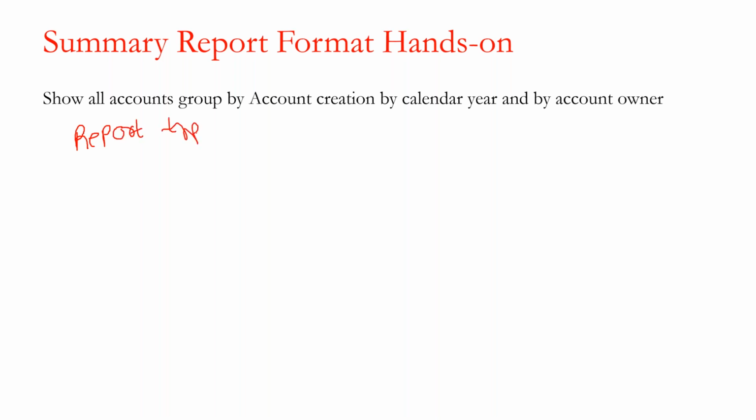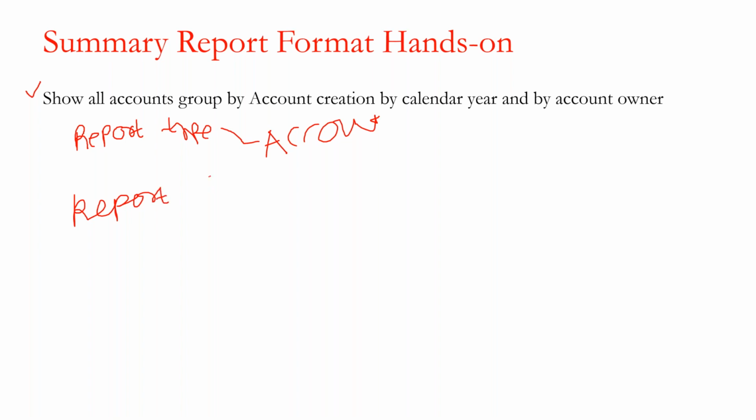Looking at this statement, I want to show all accounts grouped by account creation calendar year and by account owner. That means I want to show my account data, so I want a report type that is tied to my account object. That's my report type.